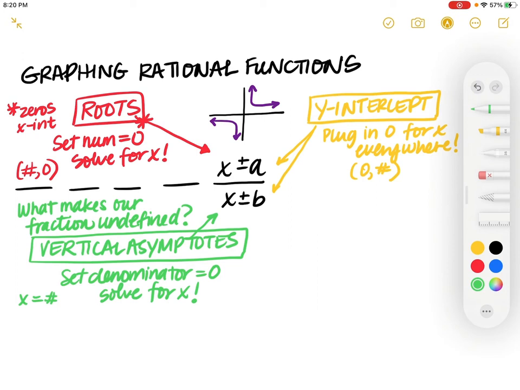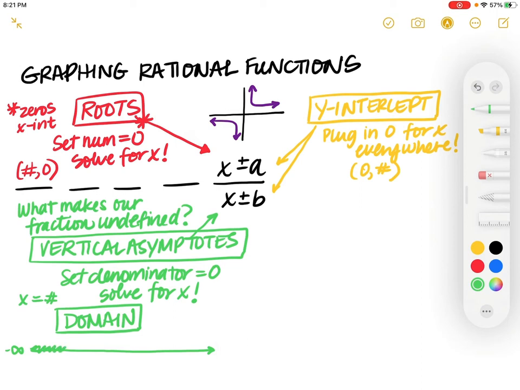And this is directly connected to our domain. In fact, this is why our domain is not all real numbers. Our domain usually is negative infinity to positive infinity. That's a traditional domain for most of the functions we've seen, but it's not going to be this because we have these vertical asymptotes breaking it up. So for example, if I were to just show the x-axis of my graph, we'll start over here at negative infinity.